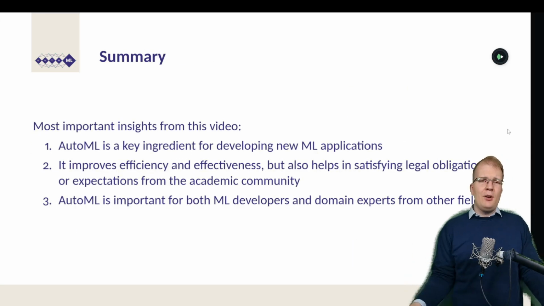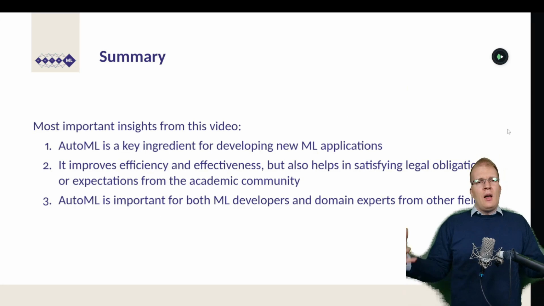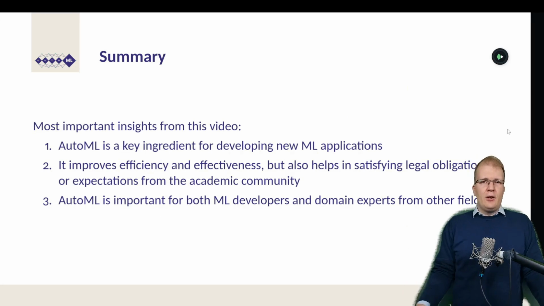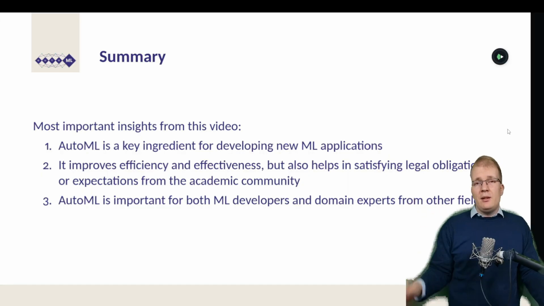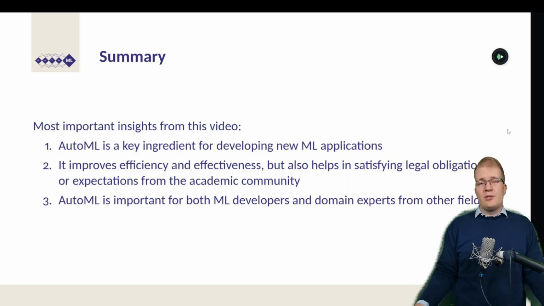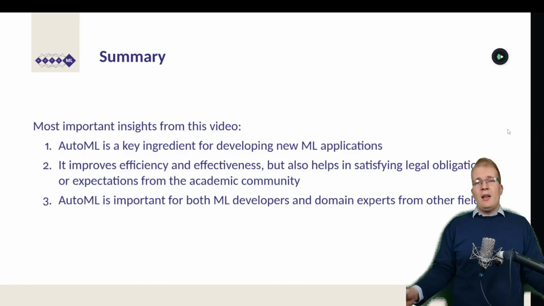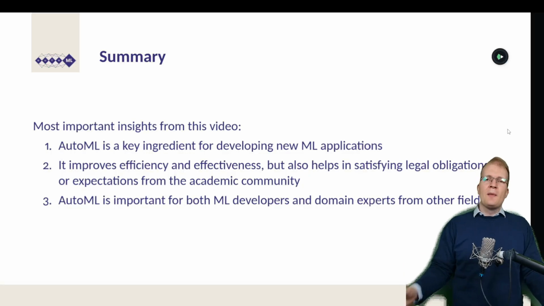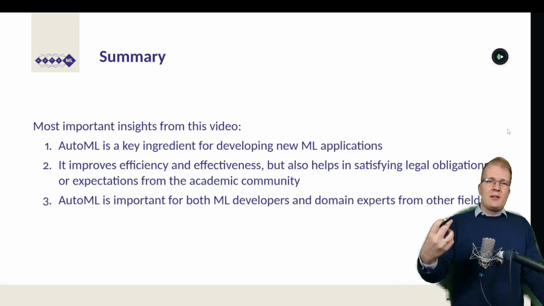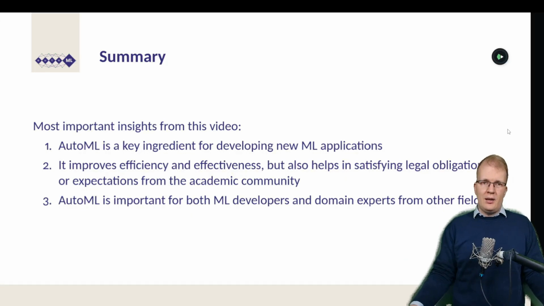So as a summary of this video, AutoML is a key ingredient for developing new machine learning applications that aim to be efficient and maybe even lack some machine learning expertise. Nevertheless, this MOOC, this online course, assumes that you have a certain expertise and would like to leverage that to become more efficient in developing your new machine learning applications.